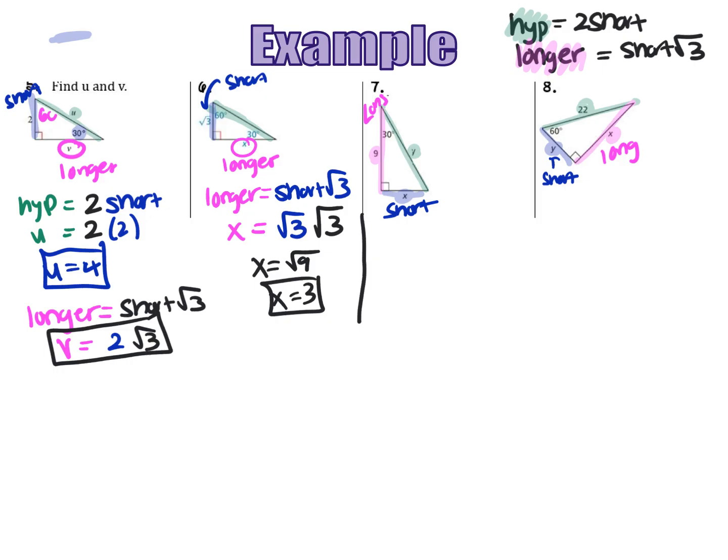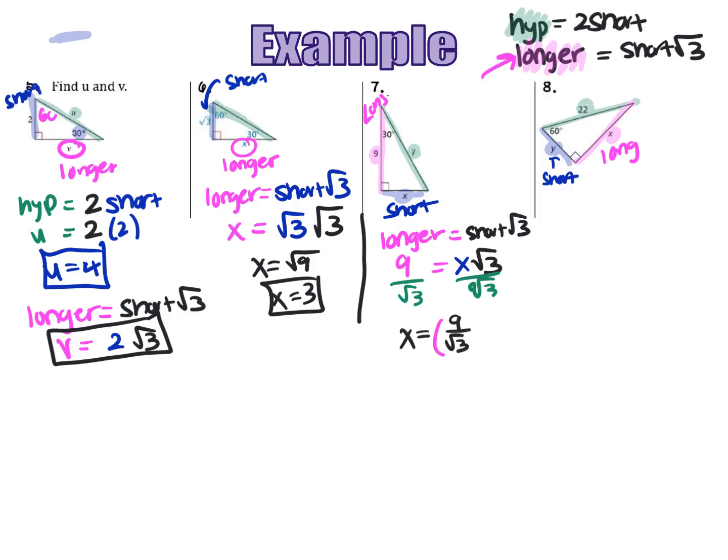On number 7, I know the length of the longer side, so I'm going to start with that. The longer side is 9. And I'm going to use this formula. That's equal to the shorter side times the square root of 3. And in this case, the shorter side is what I'm looking for, x times the square root of 3. If I divide both sides by root 3, I'm going to get that x is equal to 9 over root 3.